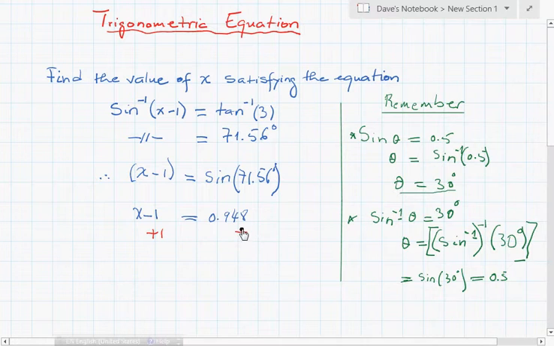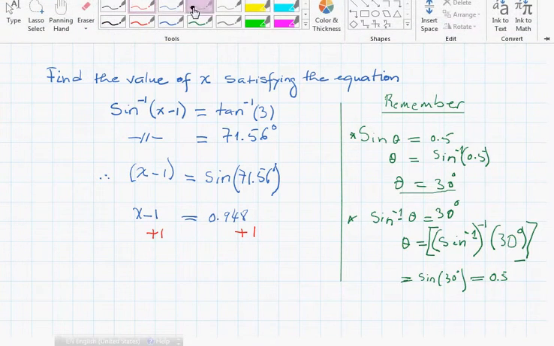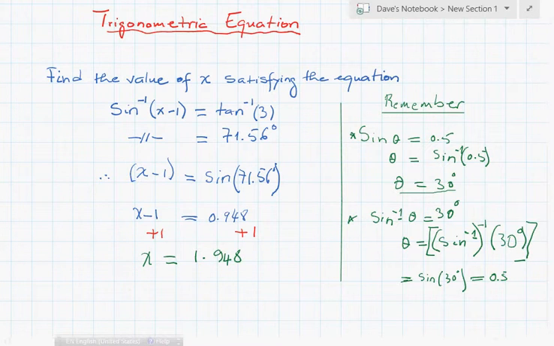It gives us, as you can see, taking a different color again, green because this is the end answer, x equals 1.948. I can round it to 1.95 or 1.948. I'll put it like this. And this is the value of x we were looking for.